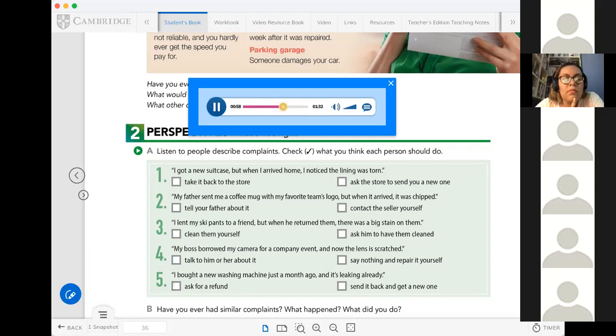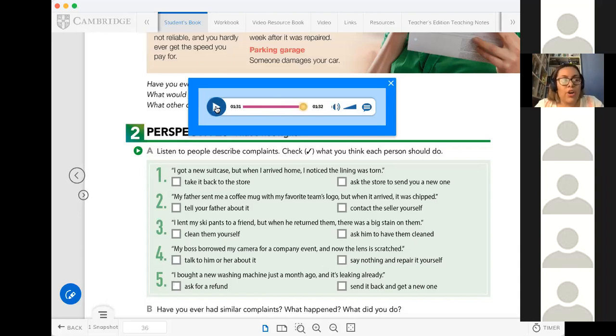Clean them yourself. Ask him to have them cleaned. 4. My boss borrowed my camera for a company event, and now the lens is scratched. Talk to him or her about it. Say nothing and repair it yourself. 5. I bought a new washing machine just a month ago, and it's leaking already. Ask for a refund. Send it back and get a new one.